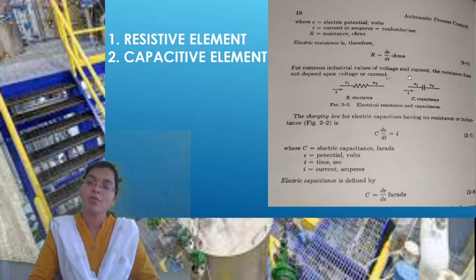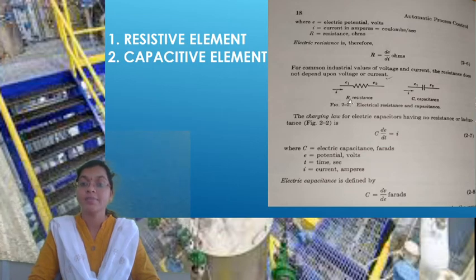You already know the formulas of resistor and capacitor. Here the potential across the resistor we represent as voltage. Across the resistor we have E1, E2, and the current passing through it, let us take I. So what is R? R is the resistance.